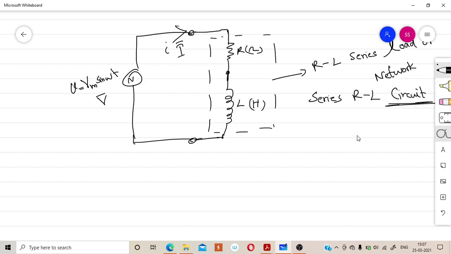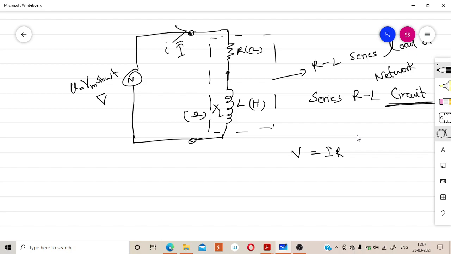Now I am representing the voltage drops. That means by Ohm's law we have V is equal to IR. For the pure inductor we have the inductive reactance XL in ohm, and for the pure resistance we have R ohm.